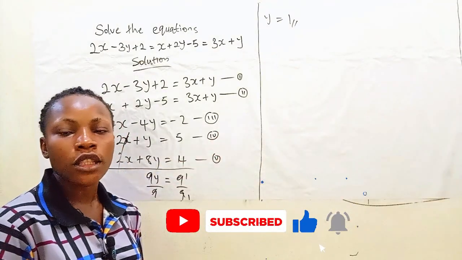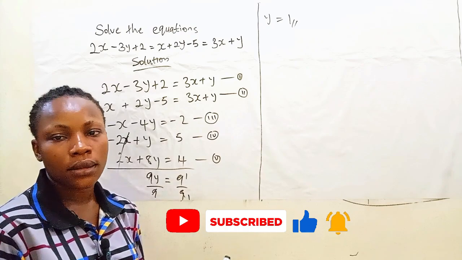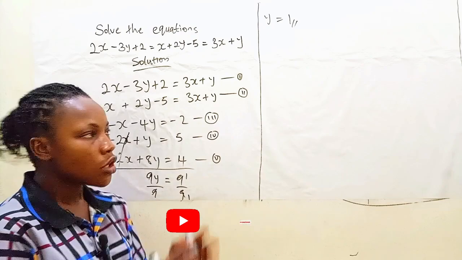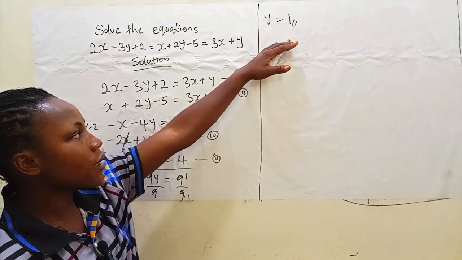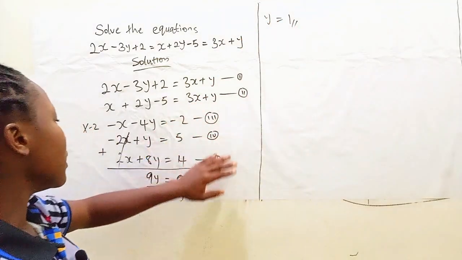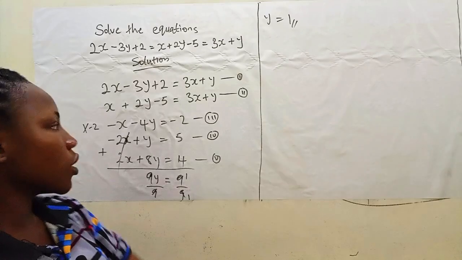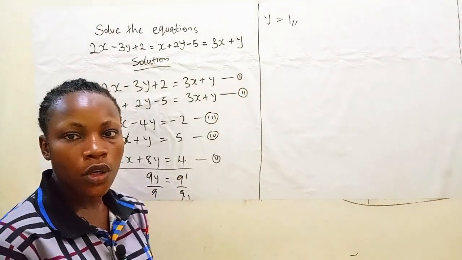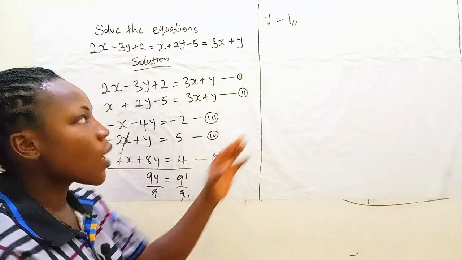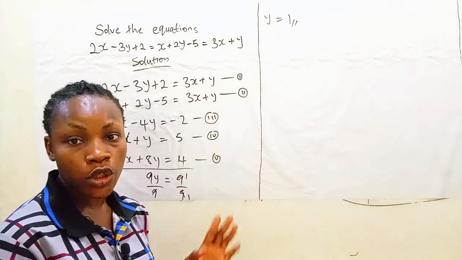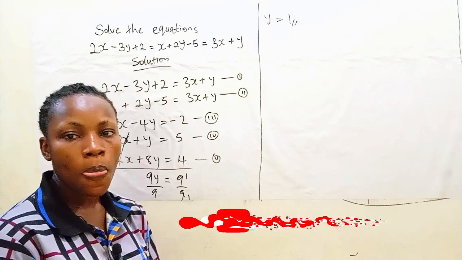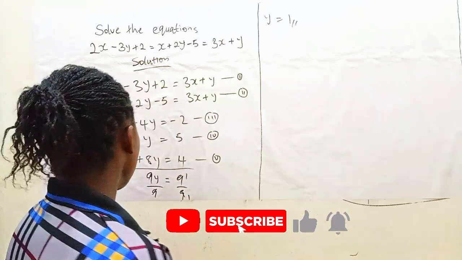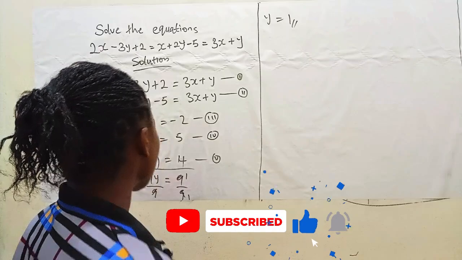So the next thing is to find our x. The normal way is to substitute for y equals to 1 in any of these equations, either equation 1, 2, 3, 4, 5. So substitute for y equals to 1 in any of the equations for you to be able to find your x. All right, we are using equation 5.